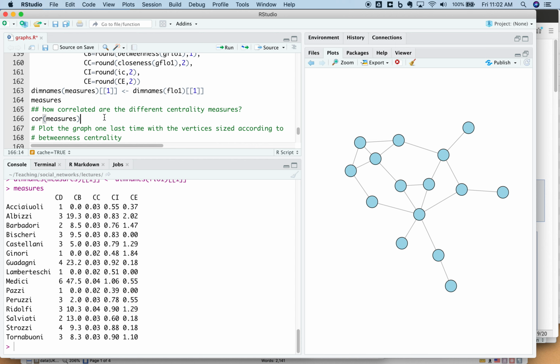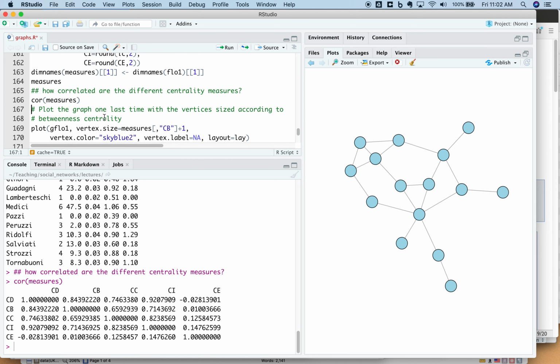We can look at the correlations across the different measures. Just create a correlation matrix. And we'll see that they tend to be pretty well correlated with each other, but variably.